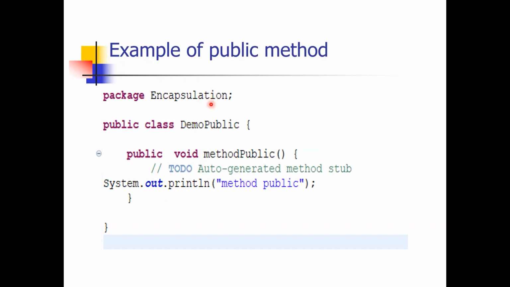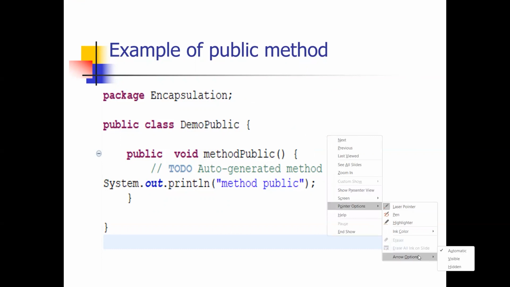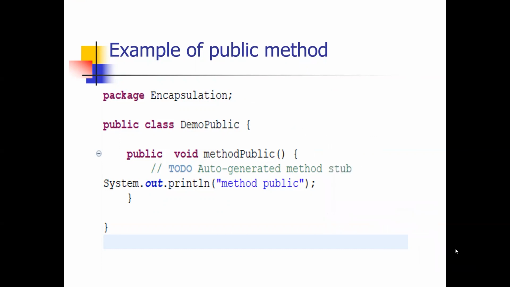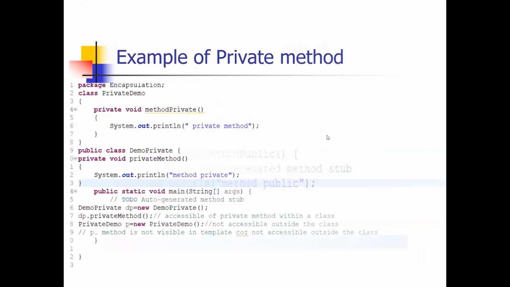Now next is the example of a private method.